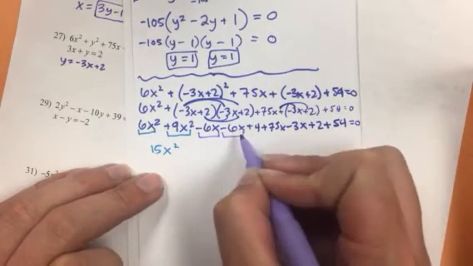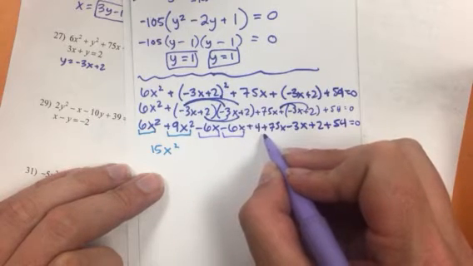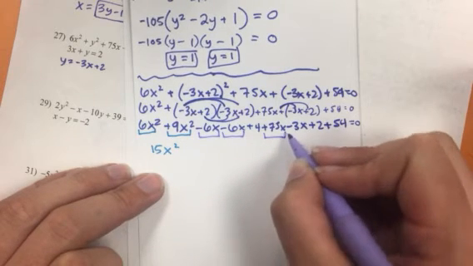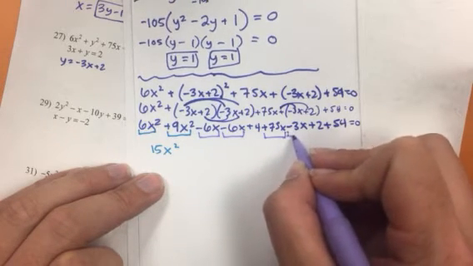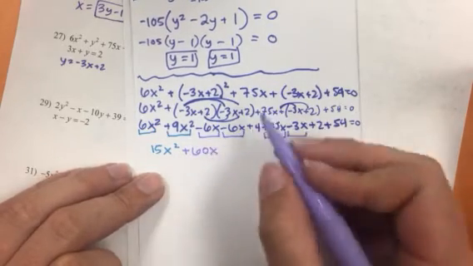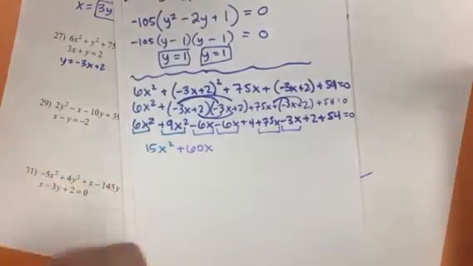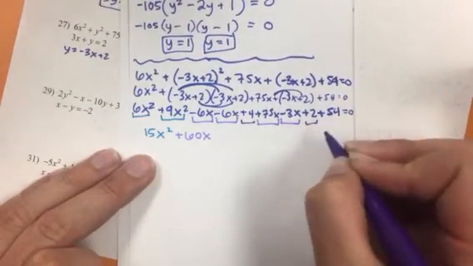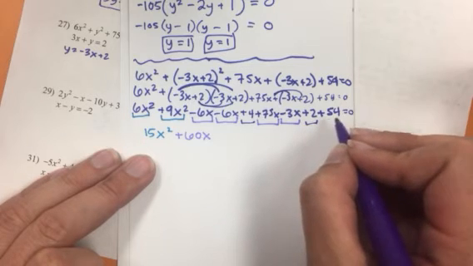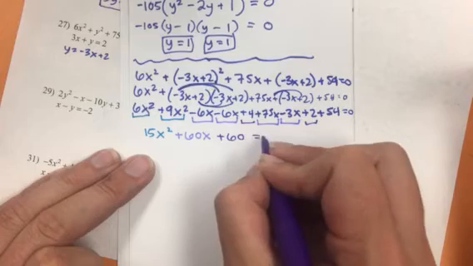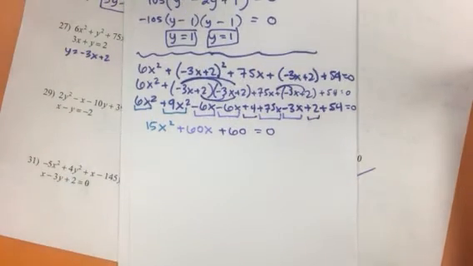Negative 12 and 75 is 63. 63 minus 3 is 60, plus 60x, and then positive 4, positive 2 is 6. 60 plus 60 equals 0.